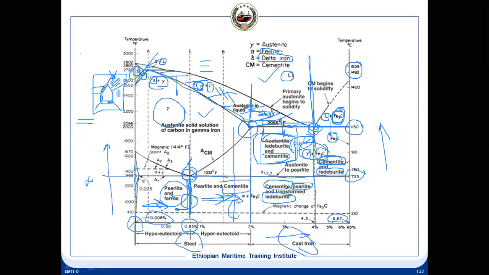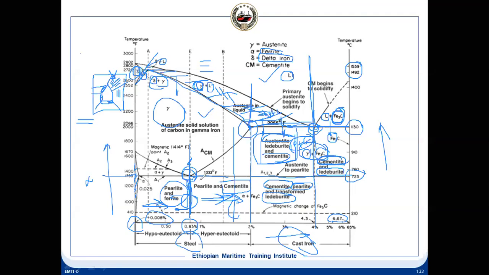The graphite precipitates from the carbide, and that gives us the lubricity, a self-lubricating property. So is it clear, everybody, in this diagram, or any questions?